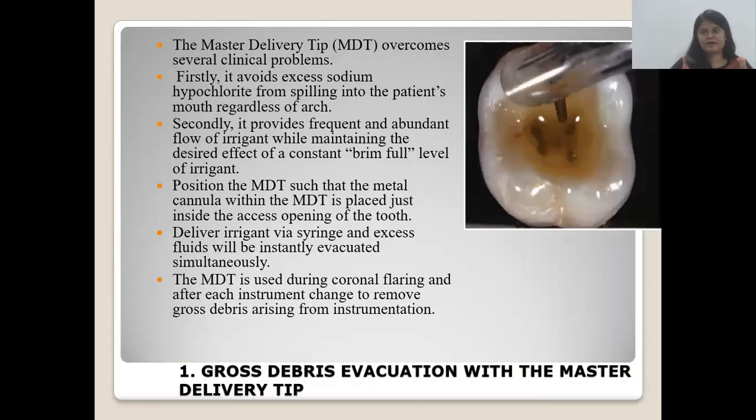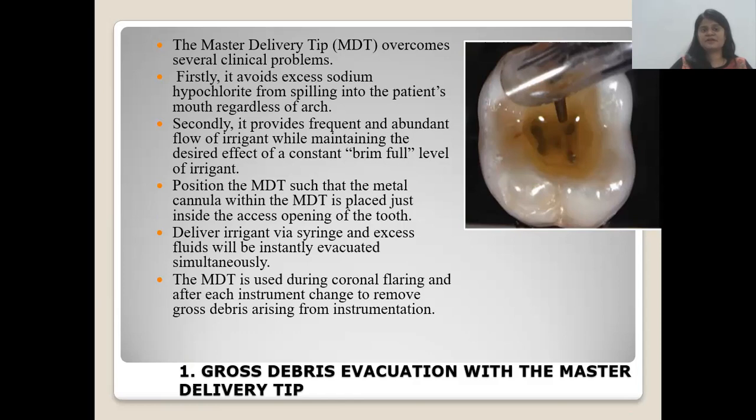The first step in this method is that a master delivery tip is used to overcome several clinical problems. First, it avoids excess sodium hypochlorite from spilling into the patient's mouth regardless of the arch. Secondly, it provides a frequent and abundant flow of irrigant while maintaining the desired effect of a constant full level of the irrigant.